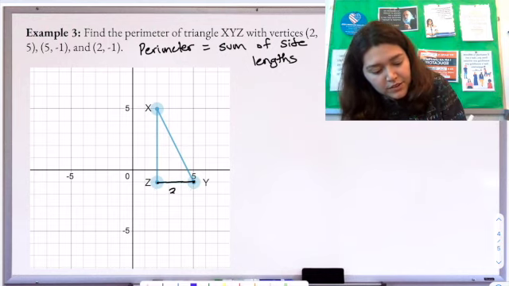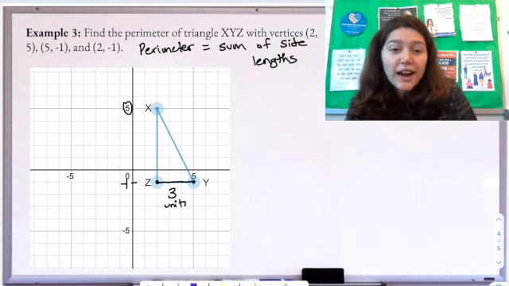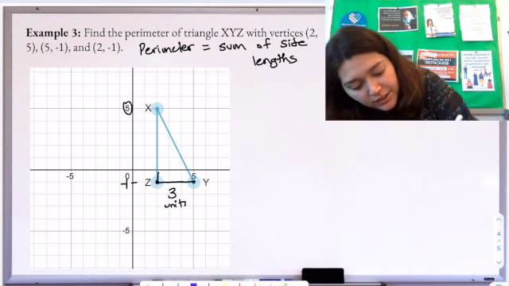So that is going to be 3 units. Then I'm going to do the same thing for X to Z. This down here is -1. This is 5. So 5 minus -1 is 6. Or I can count: 1, 2, 3, 4, 5, 6 units.